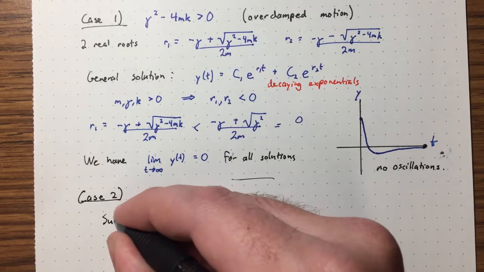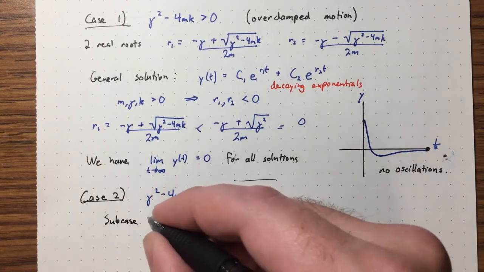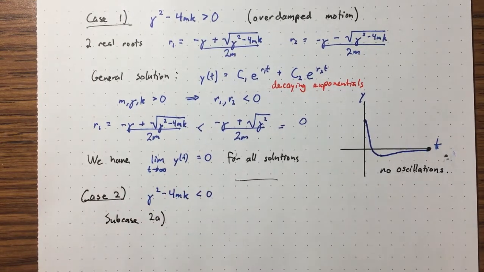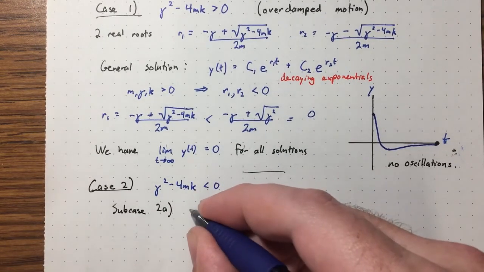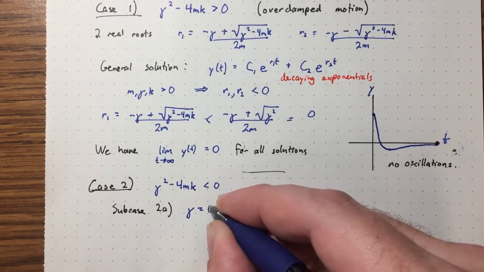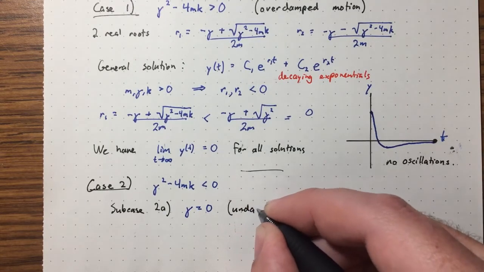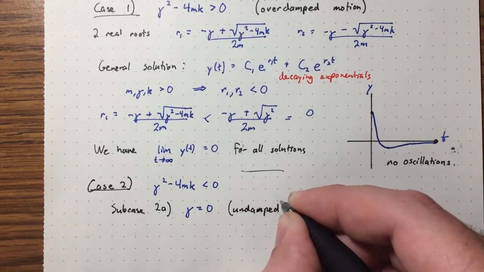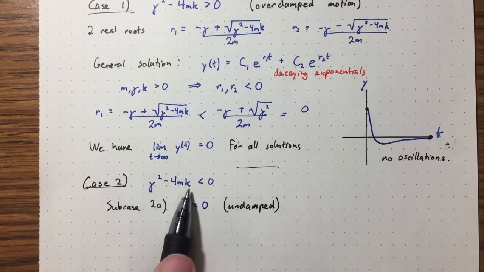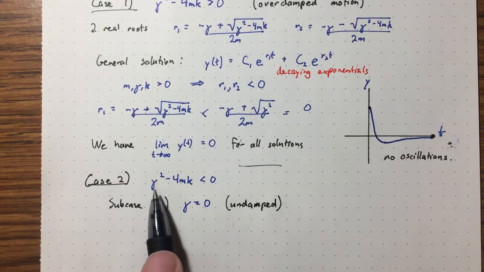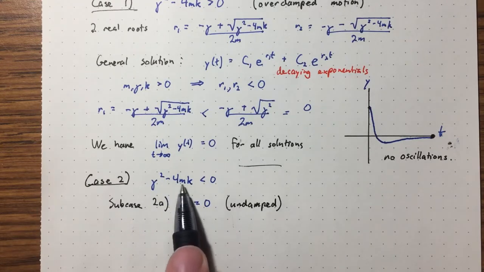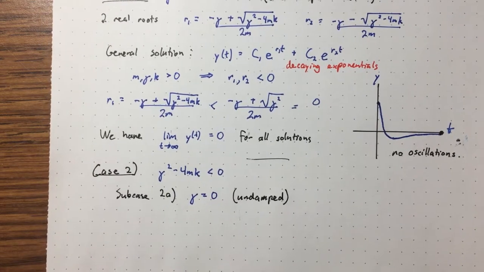So this is going to be subcase 2a. Okay, what if we have no damping whatsoever? In other words, undamped. Well then this is certainly going to be negative, right? So this is a subcase of case 2. If this is 0, then we have minus something positive, which is definitely a negative number.